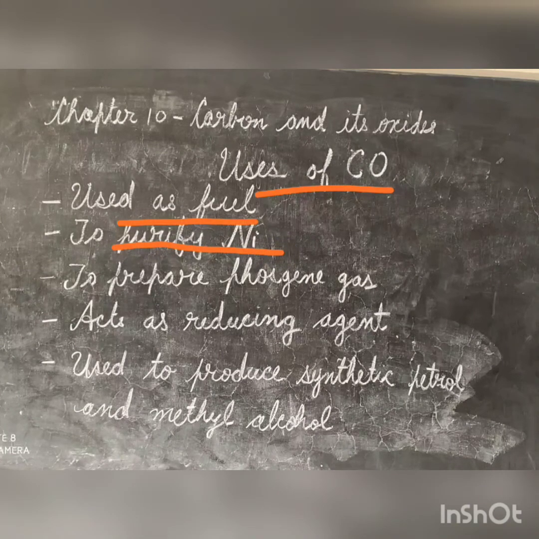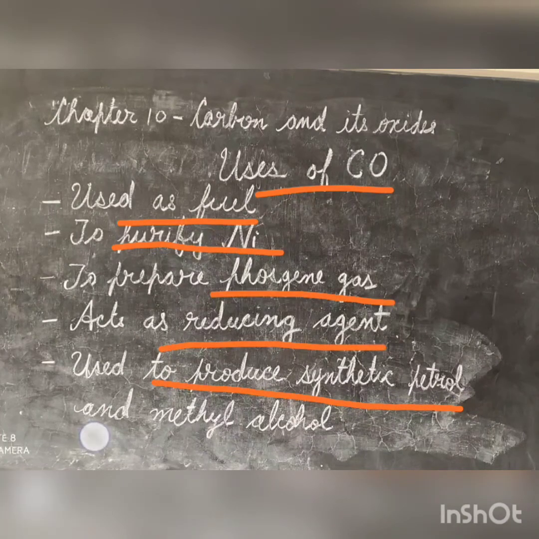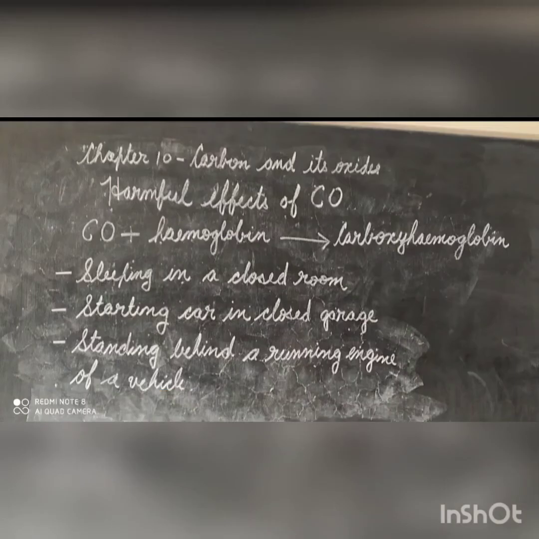It is used to prepare phosgene gas, that is COCl2, which is used in the dye industry and in wars. It acts as a reducing agent and is used in the extraction of metals from their respective oxides. It is also used to produce synthetic petrol and methyl alcohol.